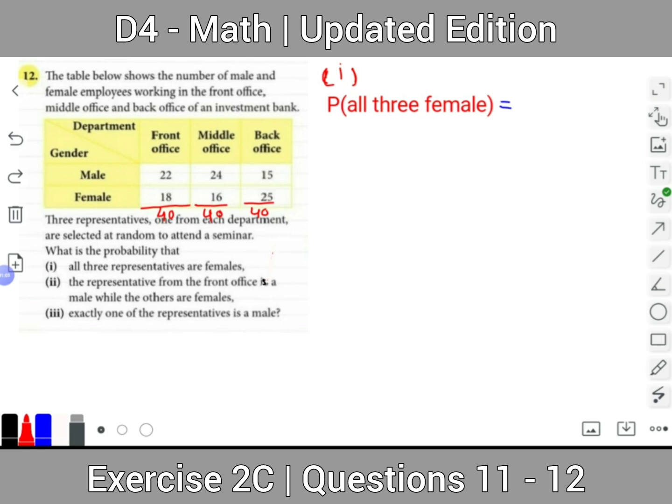Since we can use here the multiplication law of probabilities, the probability of a woman in the front office is 18 over 40, multiplied by the probability of a woman in the middle office, which will be 16 over 40, and similarly in the back office the probability will be 25 over 40.